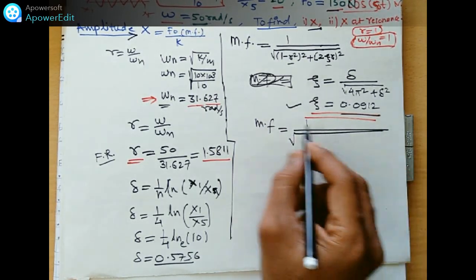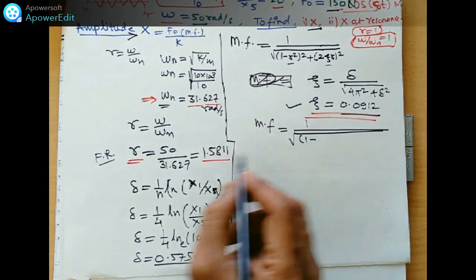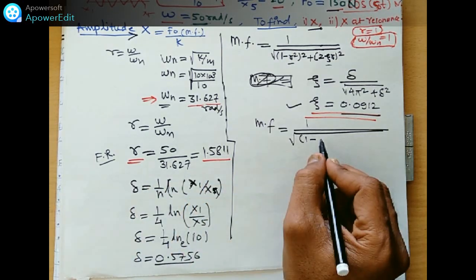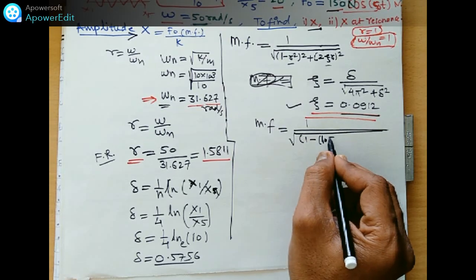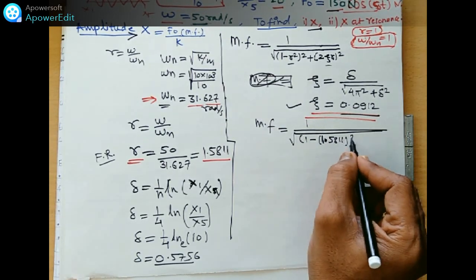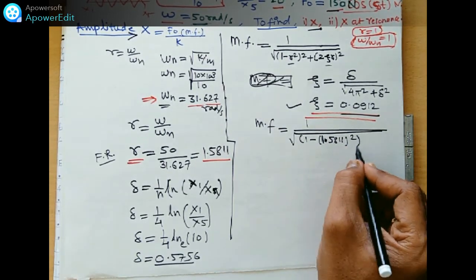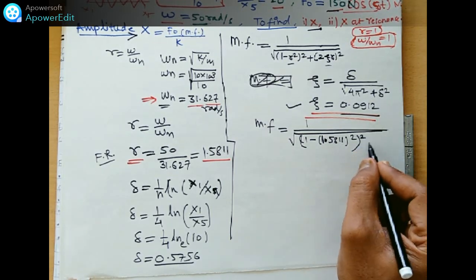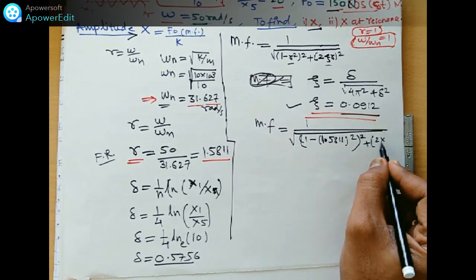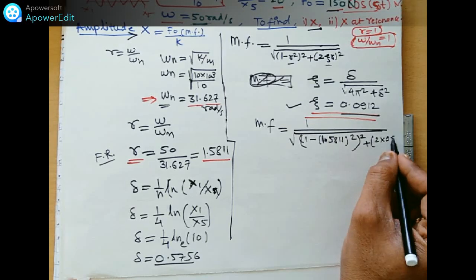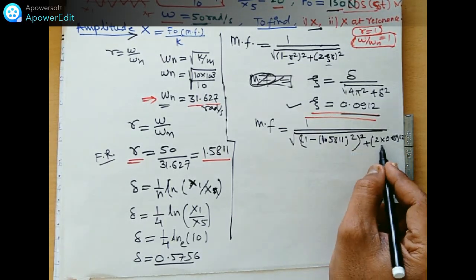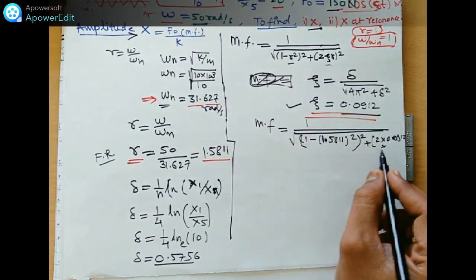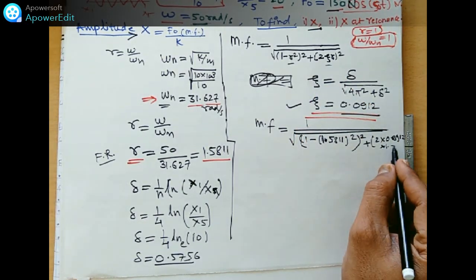What is the value of r? 1 minus r square is 1 minus 1.5811 square, and this bracket square again, plus twice zeta, zeta is 0.0912, into r, r is 1.5811, this bracket square.